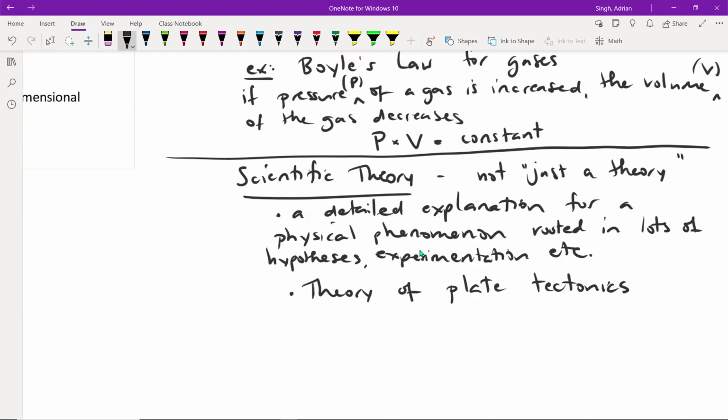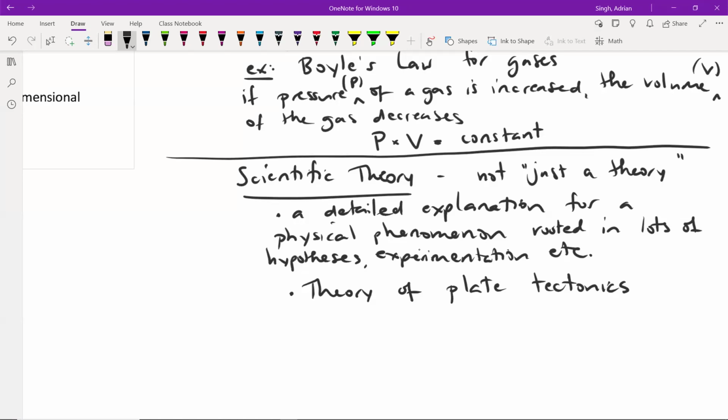The theory of plate tectonics is an explanation, for example, of why earthquakes happen and why volcanoes form. And it goes into a whole explanation as to how the surface of the planet is made up of these plates that are constantly running into each other, and as they run into each other, they cause earthquakes and volcanoes and all sorts of stuff.